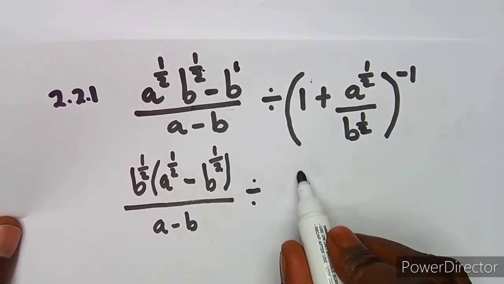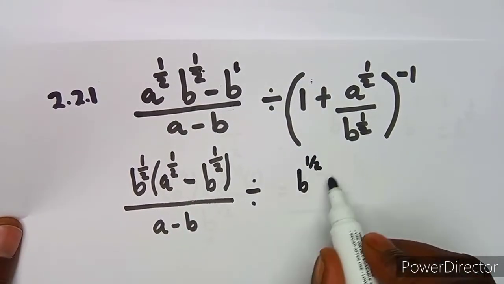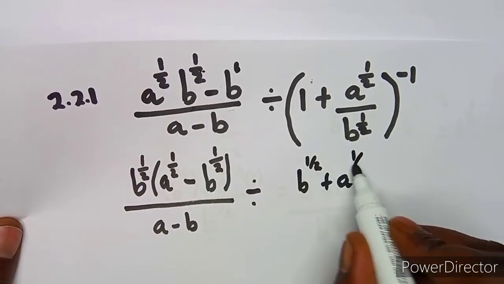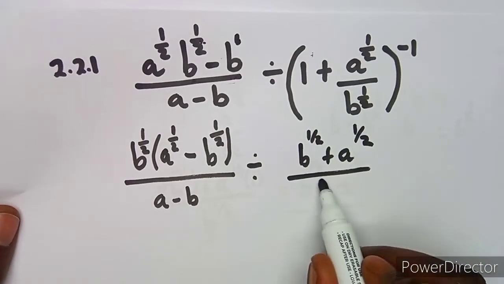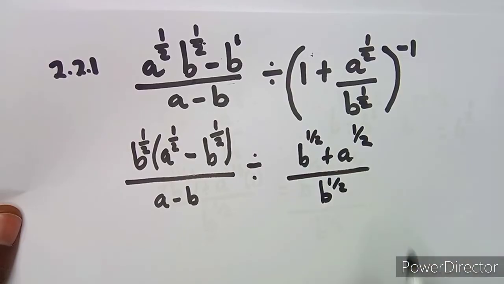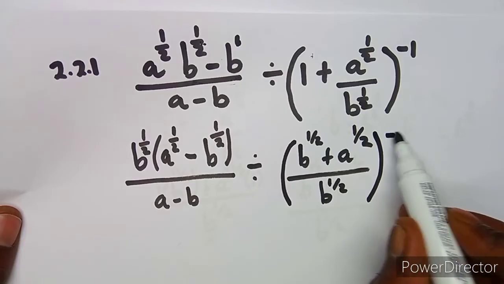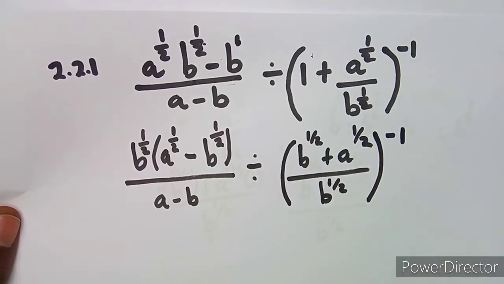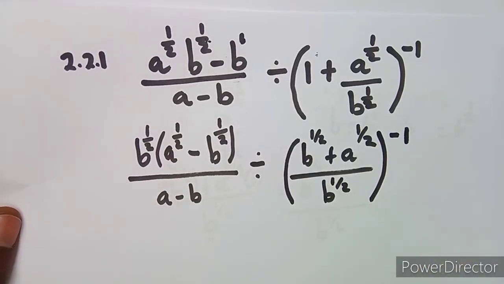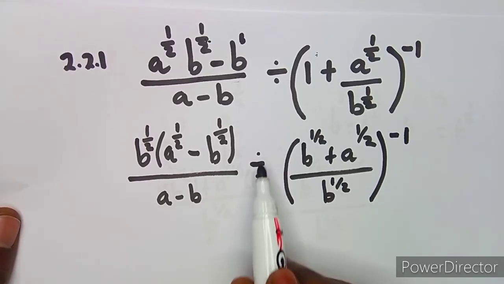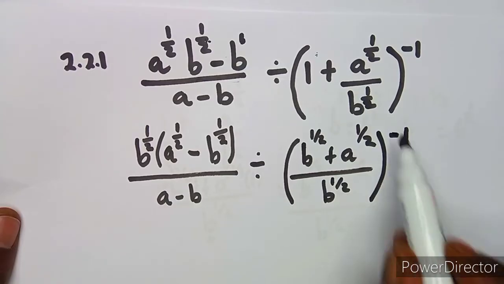So this is, we said, b to the exponent of half plus a to the exponent of half over b to the exponent of a half, like this. But everything, take note guys, is to be raised to the exponent of -1. There are actually two things occurring here: 1, there's a division, 2, there's an exponent of -1.